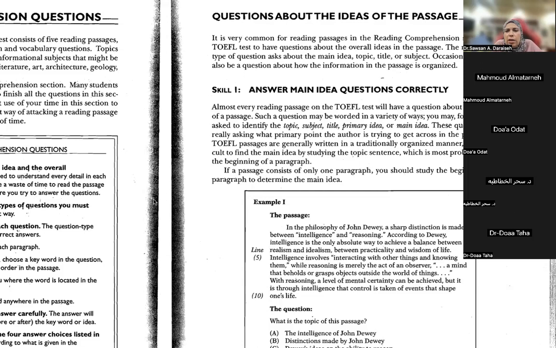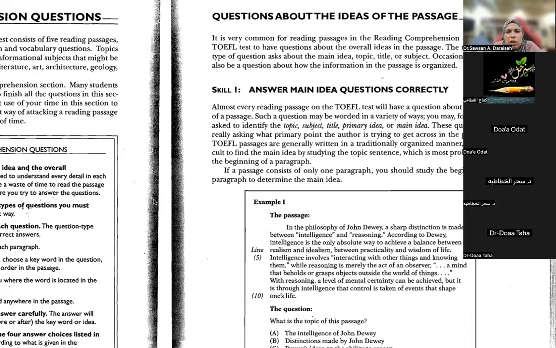These questions are all really asking what primary point, primary meaning the most important point, the author is trying to get across in the passage. Get across means what is the main idea that he is sending, or that he's implying.